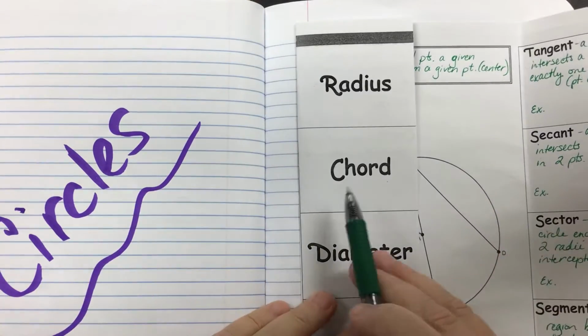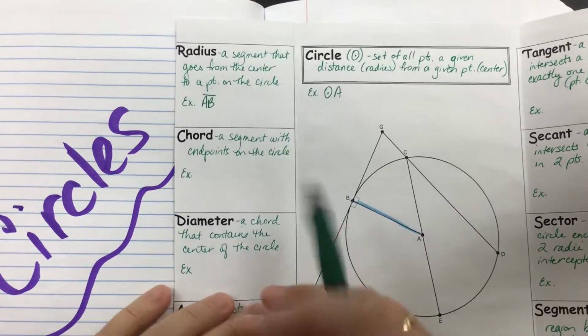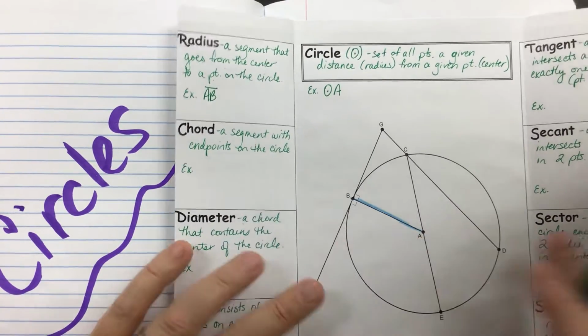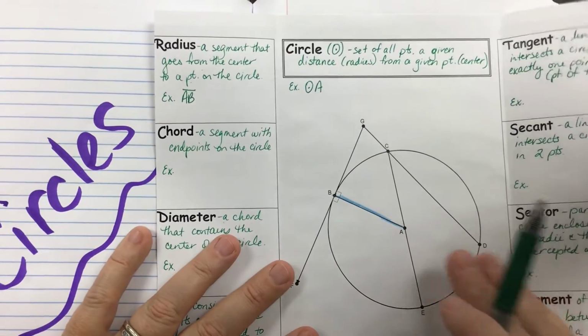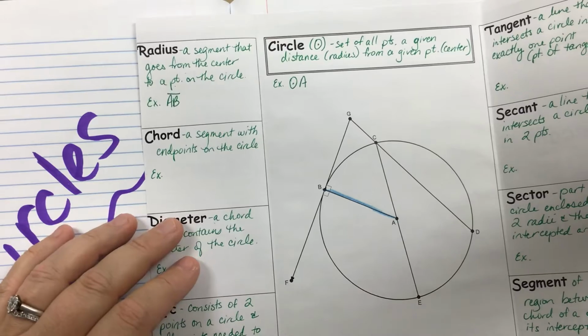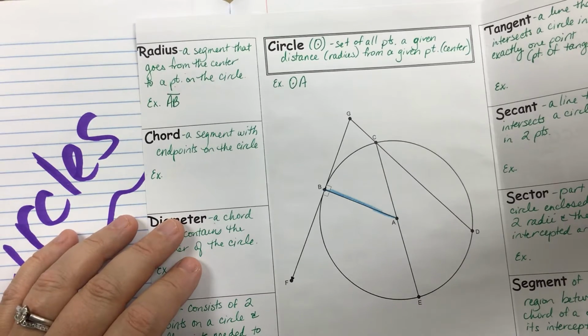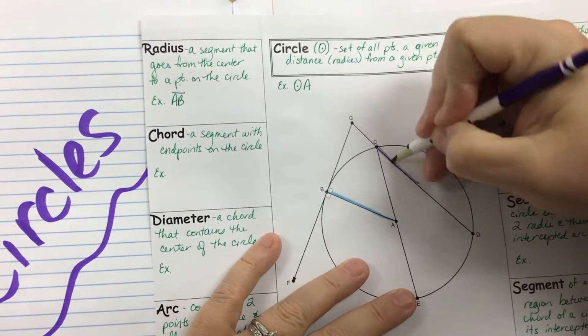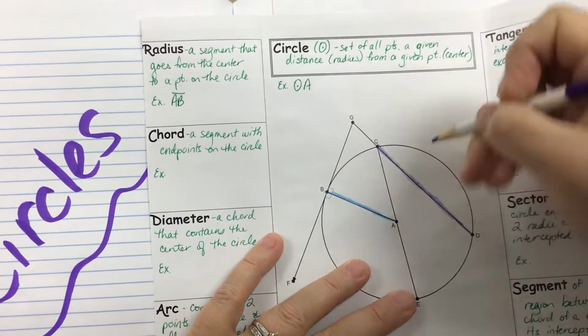Okay, next word, we have chord. A chord is a segment with endpoints on the circle. Both the endpoints have to actually be on the circle. In this particular picture, one of the options I have would be segment CD. So this is a chord.